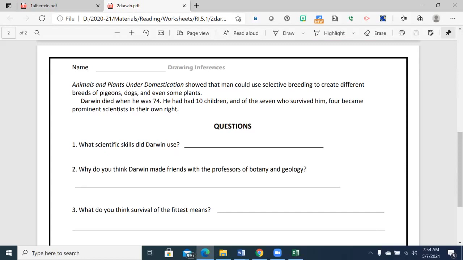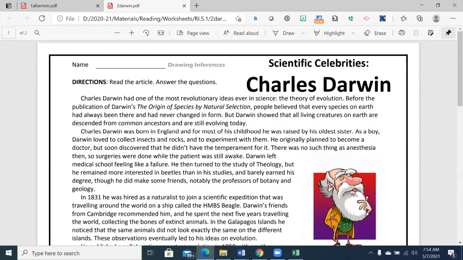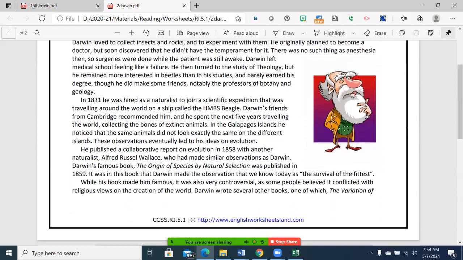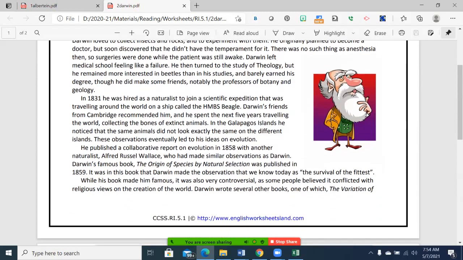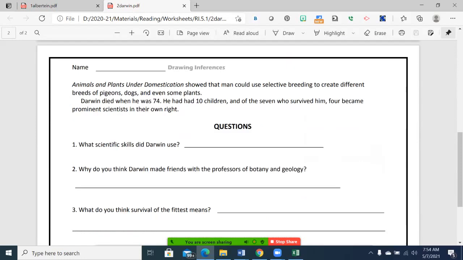Number 2, why do you think Darwin made friends with the professors of botany and geology? And keep in mind at this point, it's in a section talking about him studying theology, which is essentially religion. What does that tell us of who he became friends with? That he didn't become friends with the theology professor, but one's related to botany and geology.